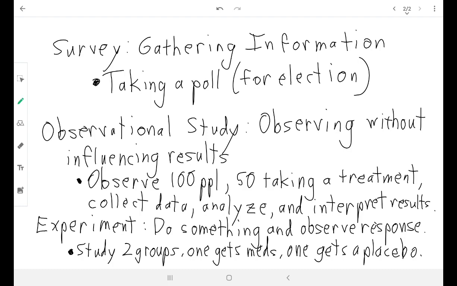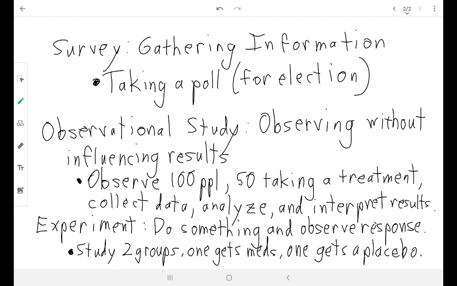A placebo is something that doesn't work the way people think it does, but because they think it works that way, it works for them. So the placebo effect can be a powerful thing. So those are our three things.